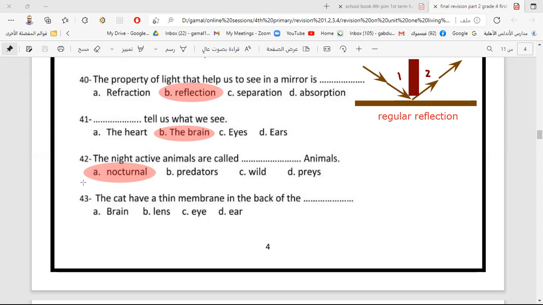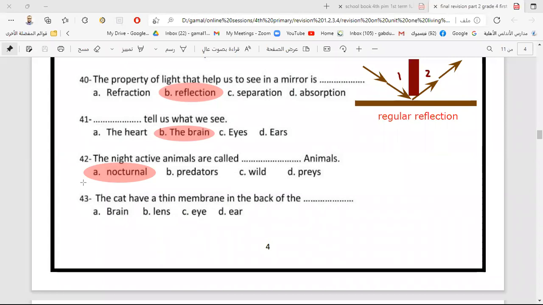Some of the nocturnal animals have strong sight and some have strong hearing. And some of them have both, like the owl. Very good, my son.